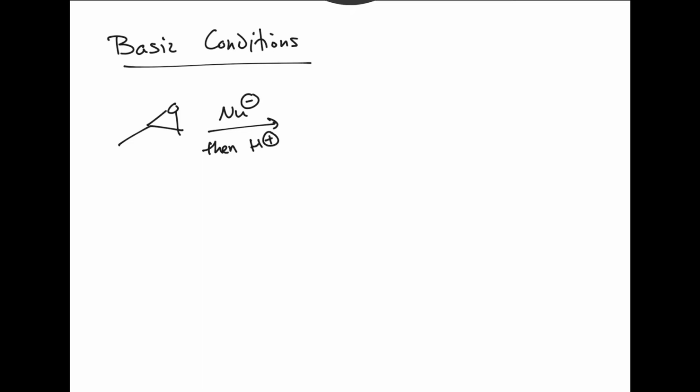So for basic conditions, you have your nucleophile, you have your epoxide. Your nucleophile most of the time is charged, and most of the time will have H plus as opposed to the nucleophile and the acid being in together. What this is signifying is you add the nucleophile, you let it do its nucleophile thing, then you add acid once that reaction is done.